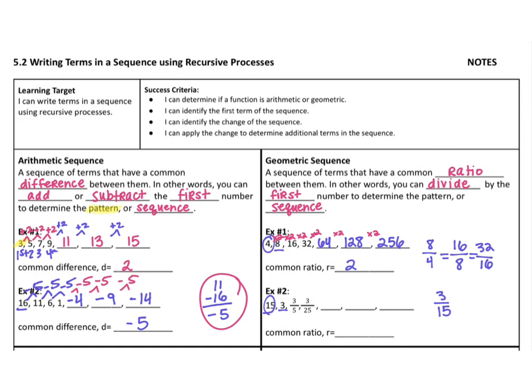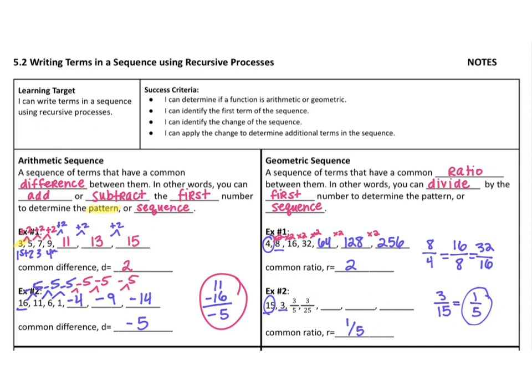It kind of looks like I can simplify it, so let's simplify it. 3/15 is the same as 1/5, which means 1/5 is my common ratio. It means I'm multiplying by 1/5, which means I'm actually going to be getting smaller, which you can see in this pattern, 15, 3, 3/5, 3/25 is getting smaller. So in order to find the next three terms, I multiply by 1/5.